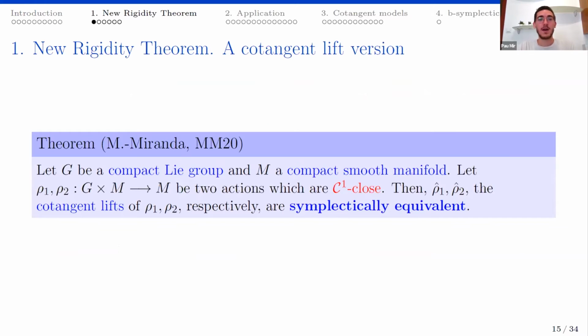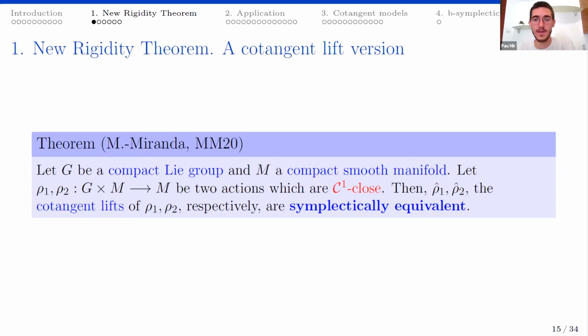So it's a natural setting for physical problems in which you have basically the position and momentum variables. Now, the result I have been talking about is this theorem proved in joint work with Miranda, in which we prove that if G is a compact Lie group and M is a compact smooth manifold, and you have two actions, rho 1 and rho 2, which are C1 close, then their cotangent lifts, hat rho 1 and hat rho 2, are symplectically equivalent.